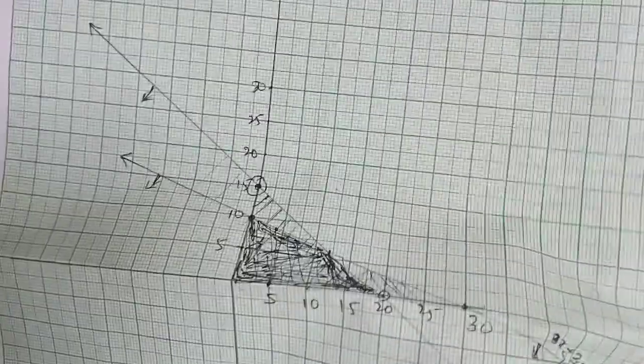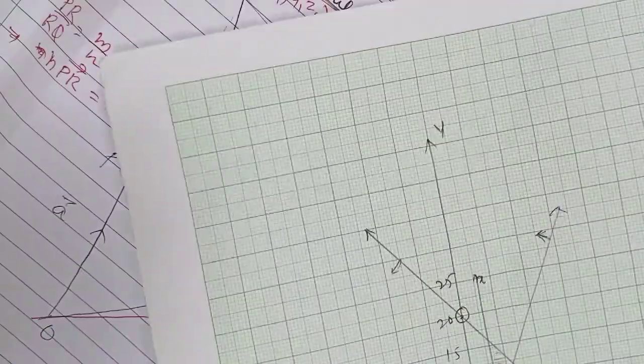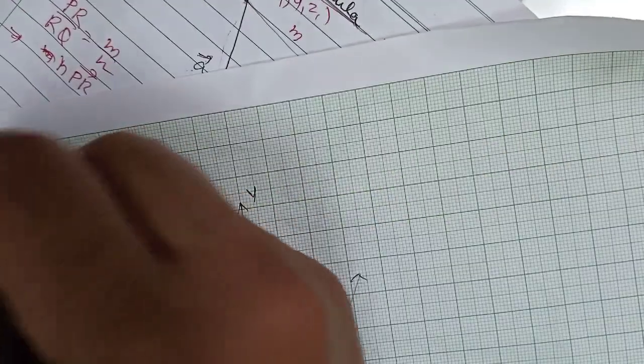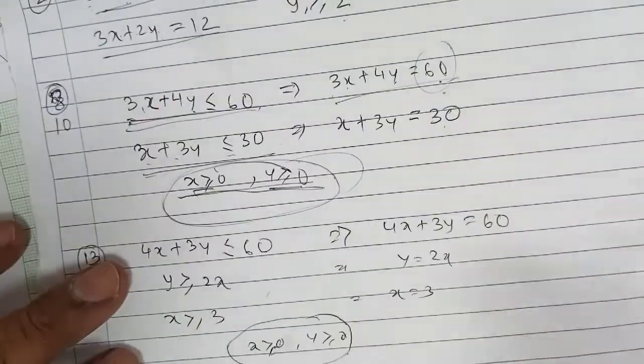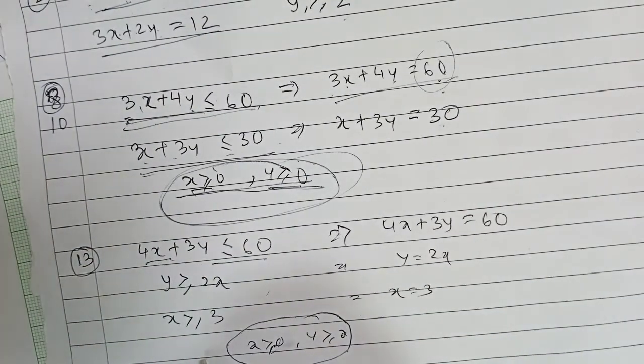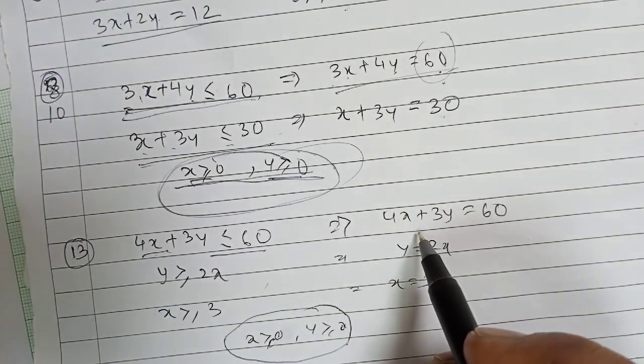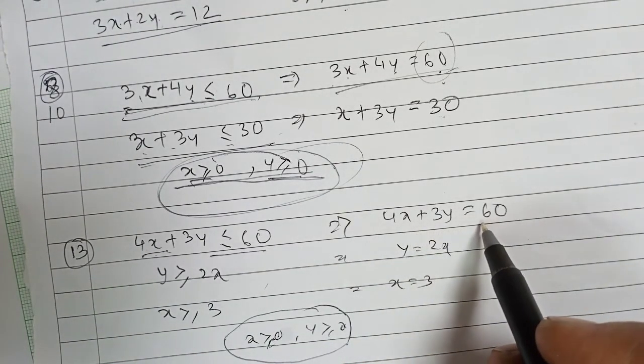One more question I am doing. Question number 13. Our inequations are 4x plus 3y less than or equal to 60. The corresponding equation is 4x plus 3y equal to 60.